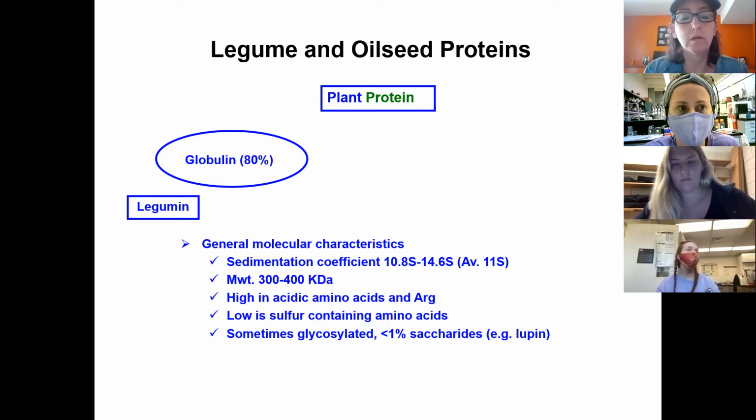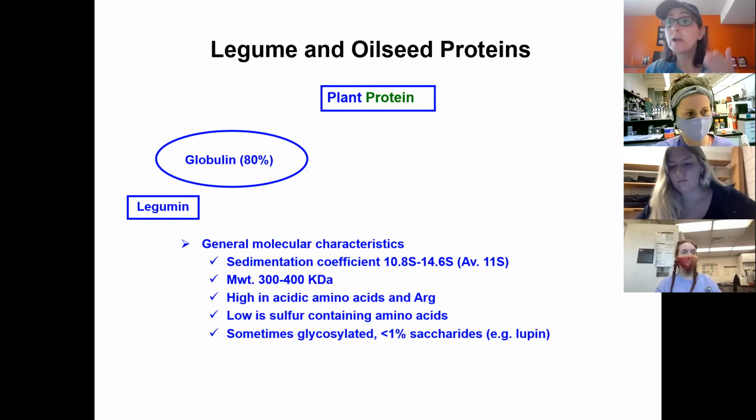Question? Okay, so they usually are high in acidic amino acids. The charged amino acids are acidic, and the basic amino acid that they are high in is arginine. The acidic amino acids are glutamic acid and aspartic acid. They are low in sulfur-containing amino acids, so they are low in methionine. In general, some legumes, well, soy has better content of methionine, for example, than pea.